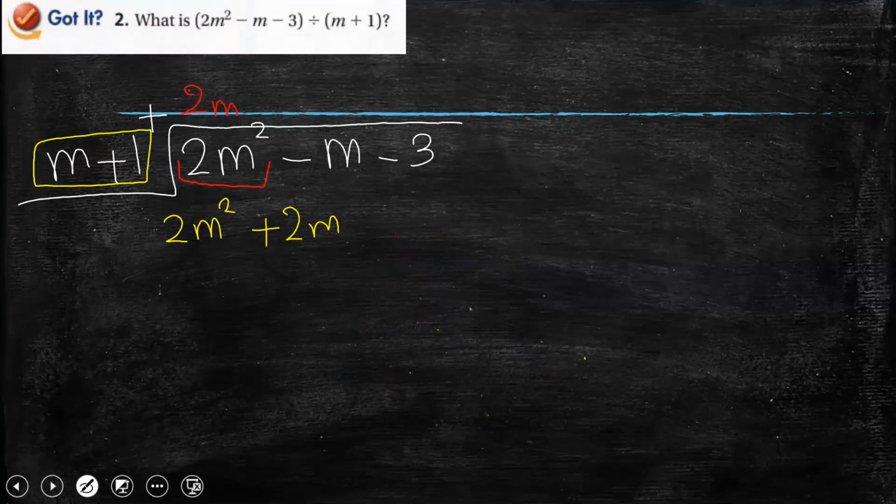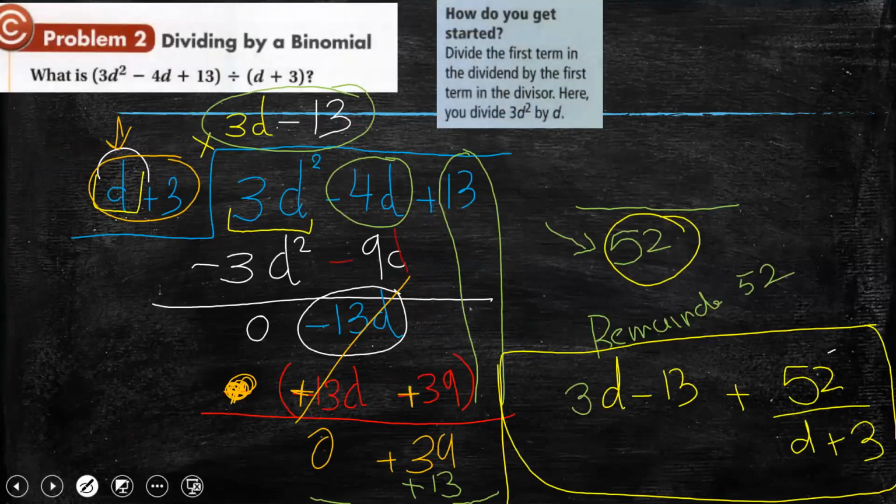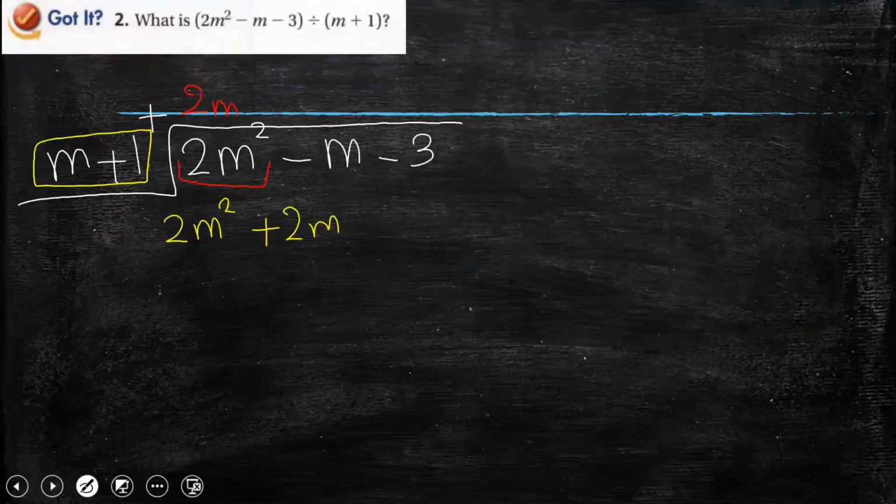Then, as we did before, you have to subtract. When you subtract, it's like magic. You have to change the sign of each one. So this plus here will be minus. Miss, always like that? Yes.